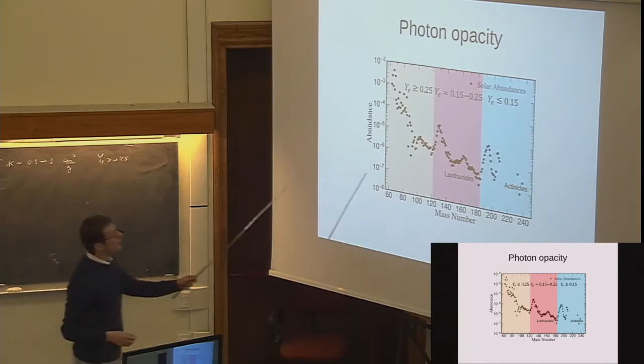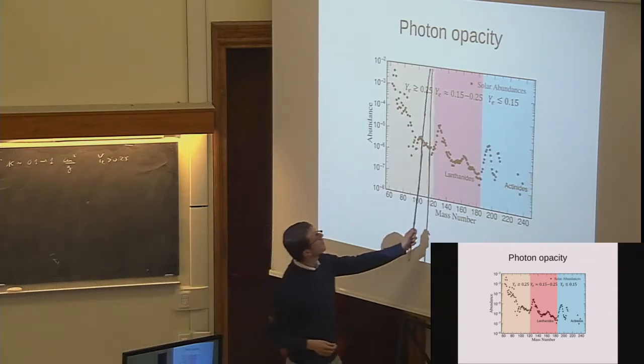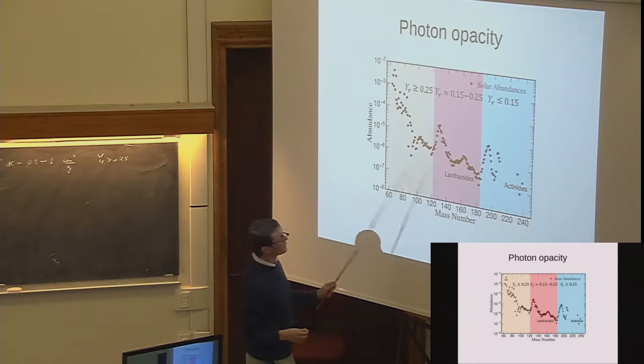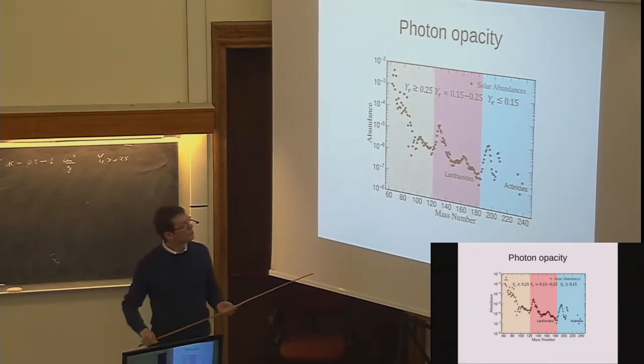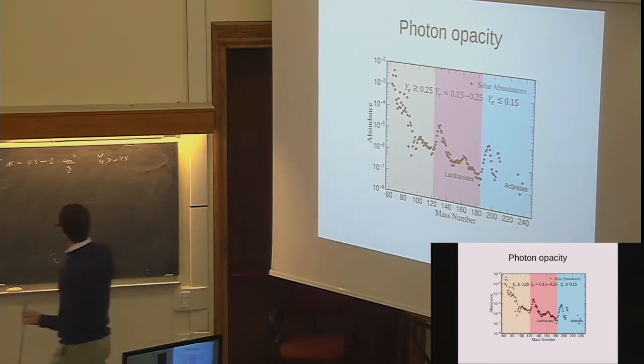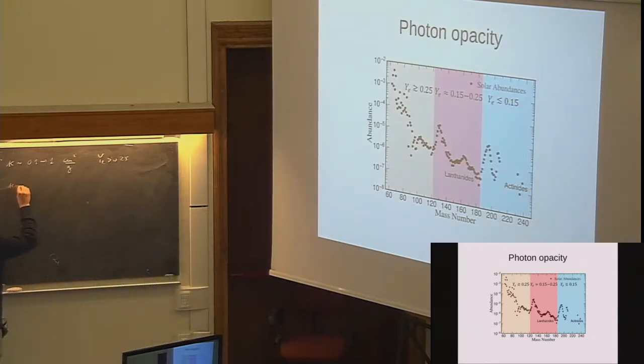But as soon as we go below 0.25, then we start having also this component, and we just said the lanthanides can become a contributor to the opacity. We have already heard that even a decent amount, of the order of 10 to the minus 2, could lead to an opacity of the order of 5 to 10 centimeters squared per gram.